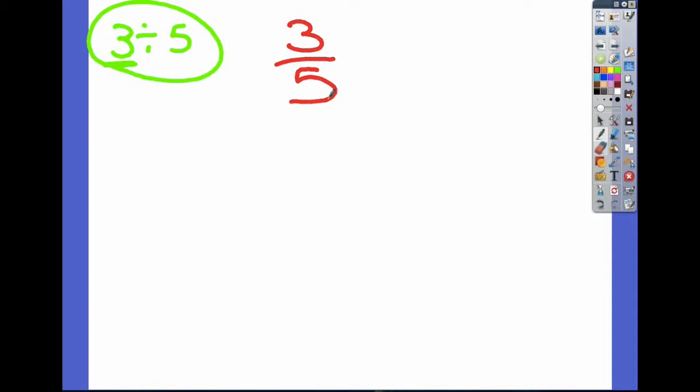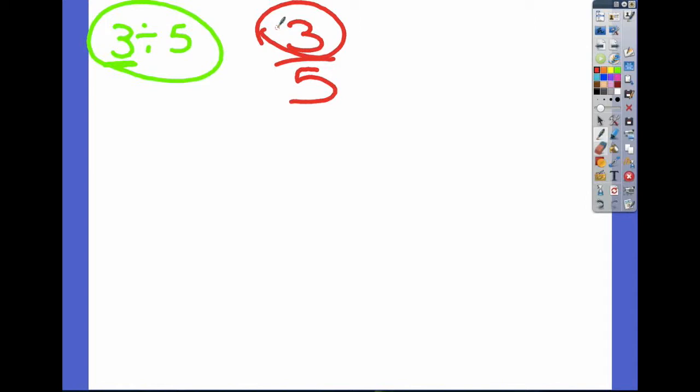What have we always talked about with fractions? A fraction is also known as a division problem. Remember the top number, the numerator, where does the numerator go when you divide? Where does it belong? Okay, but when I divide, where does it belong? Nope.